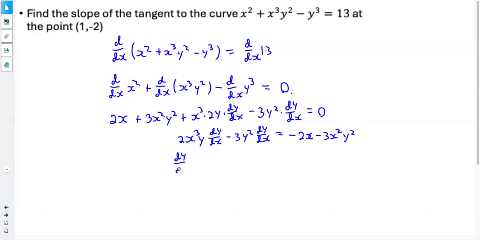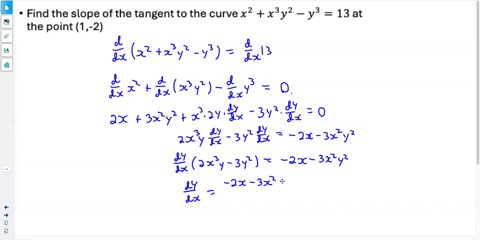So we've got dy over dx times 2x cubed y minus 3y squared equals negative 2x minus 3x squared y squared. And then getting dy dx on its own, we get negative 2x minus 3x squared y squared over 2x cubed y minus 3y squared.